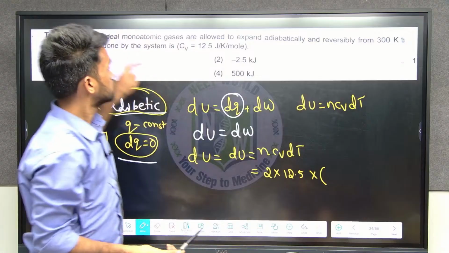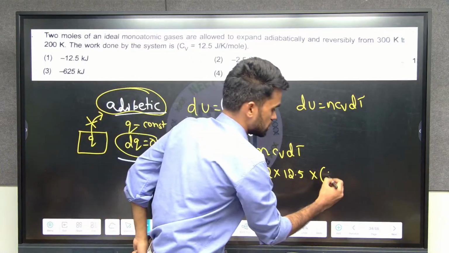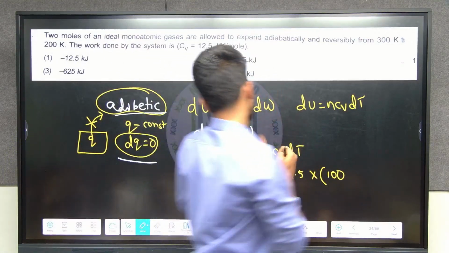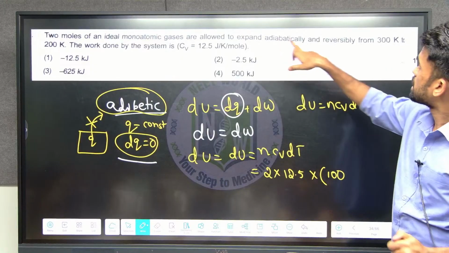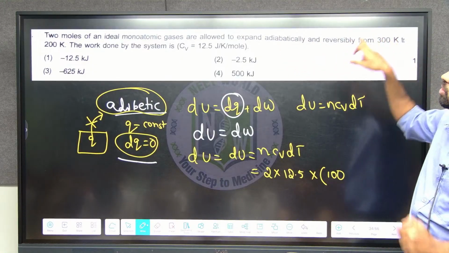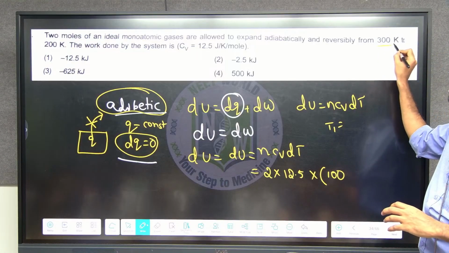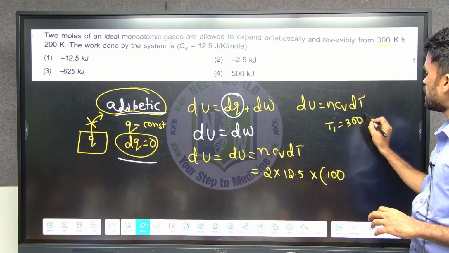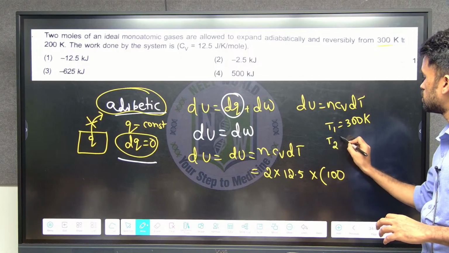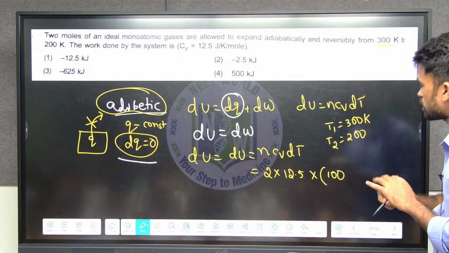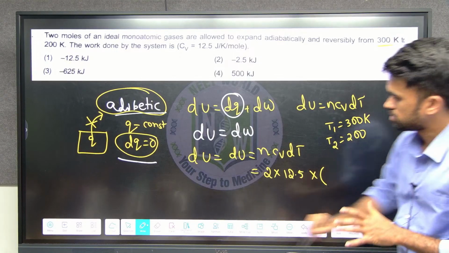Adiabatically reversibly from 300 to 200. Initial temperature is 300, final temperature is 200.